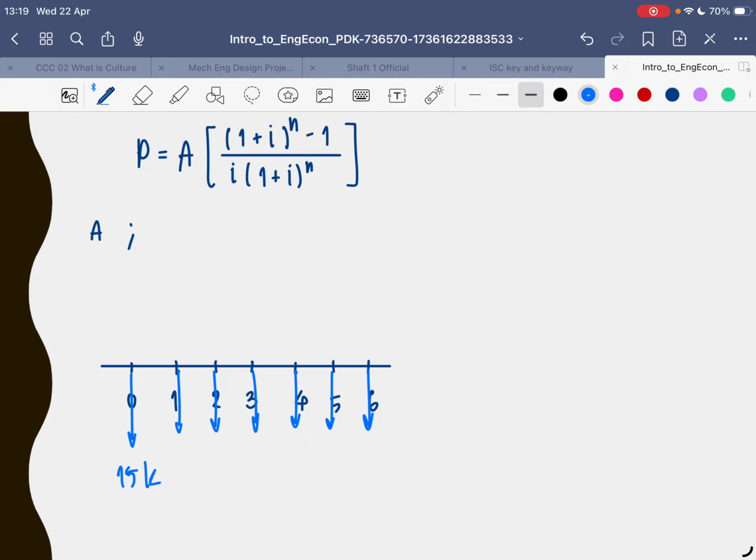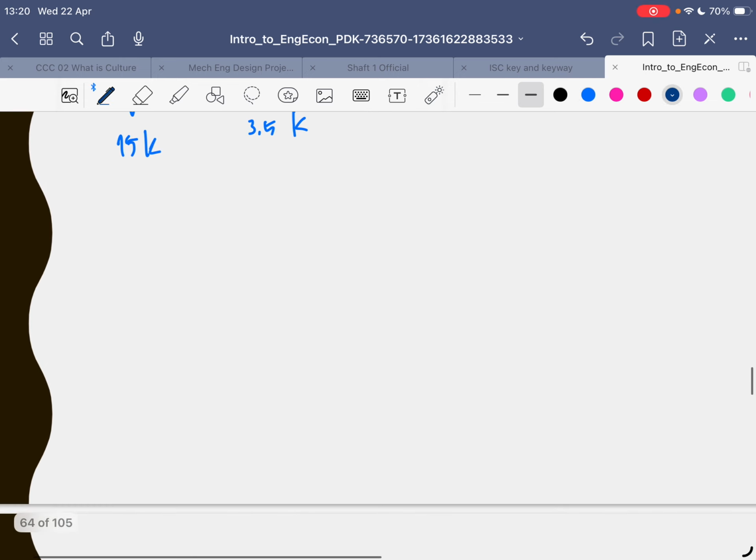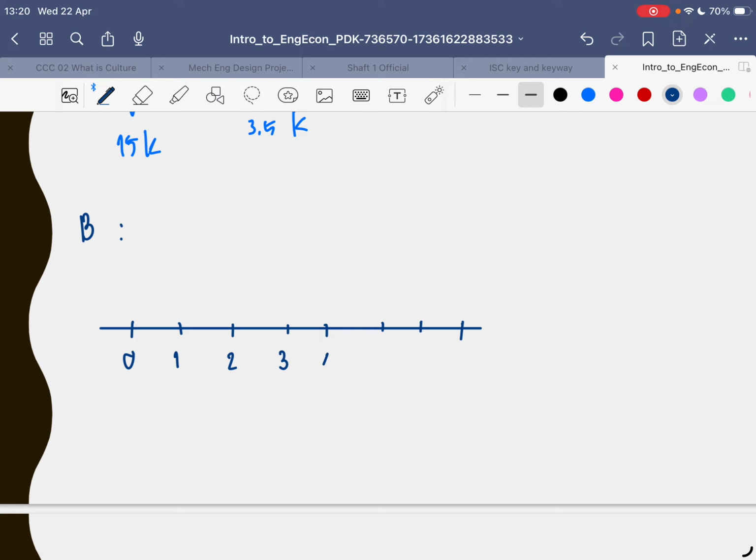So this is the picture for option B. So this is the first cost as minus 18,000, and every year you have an annual cost of 3,100, and then the return is 2,000.